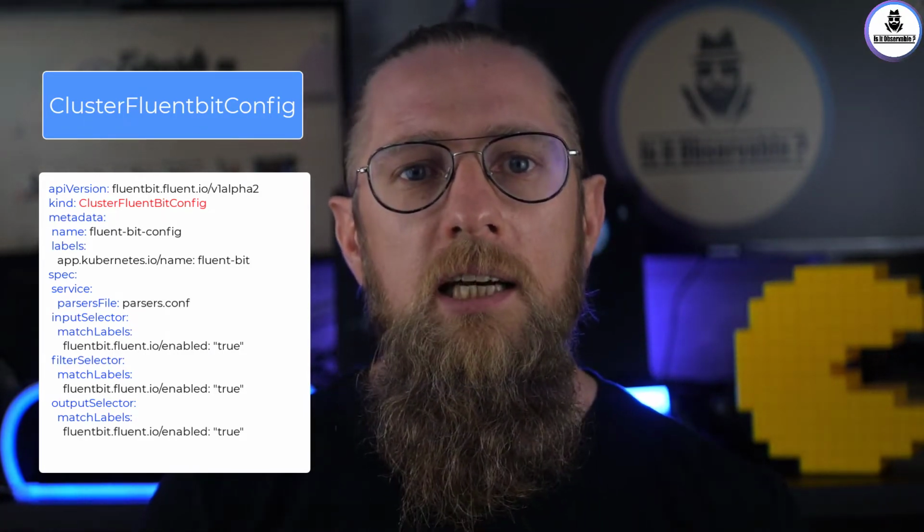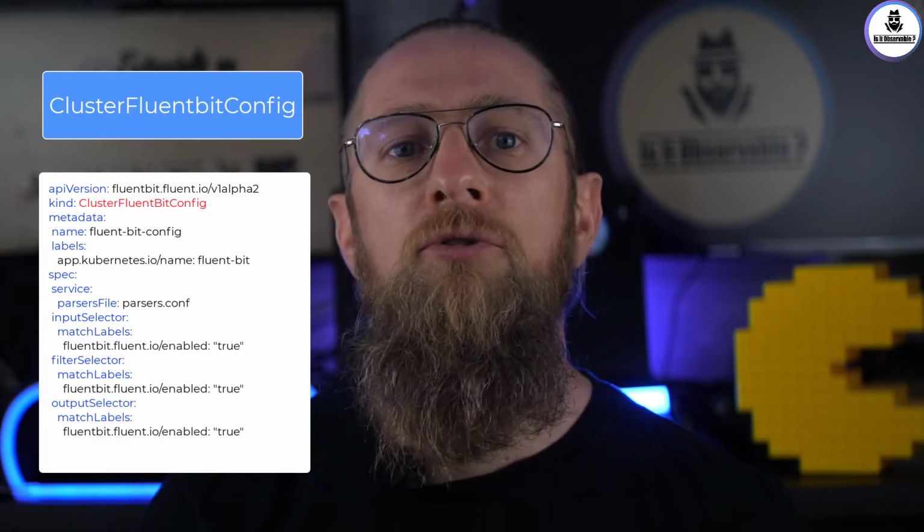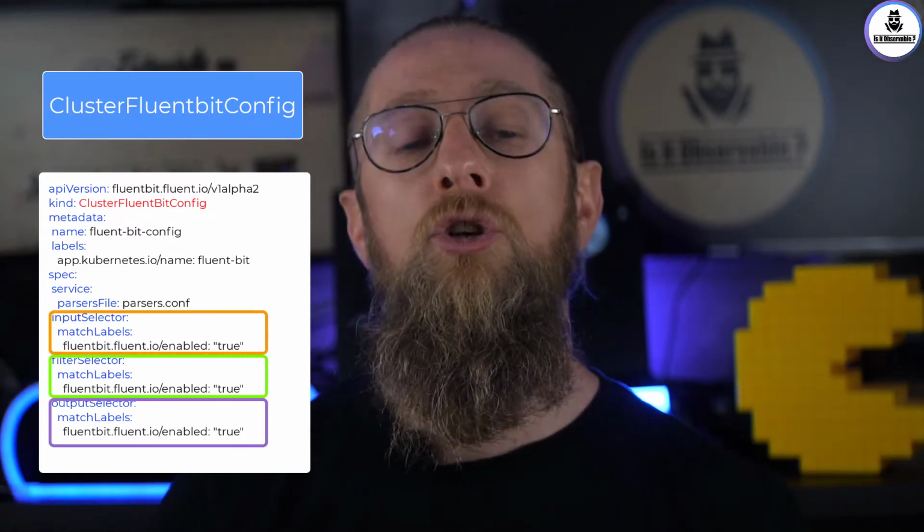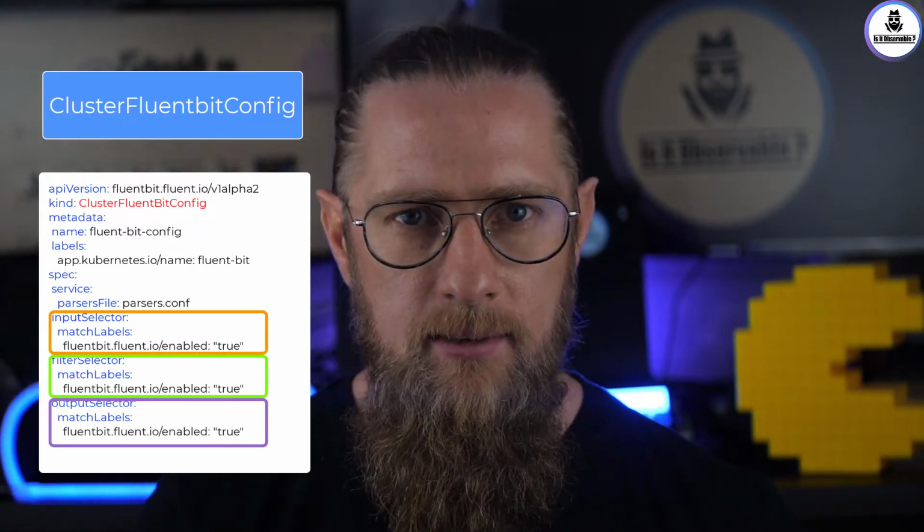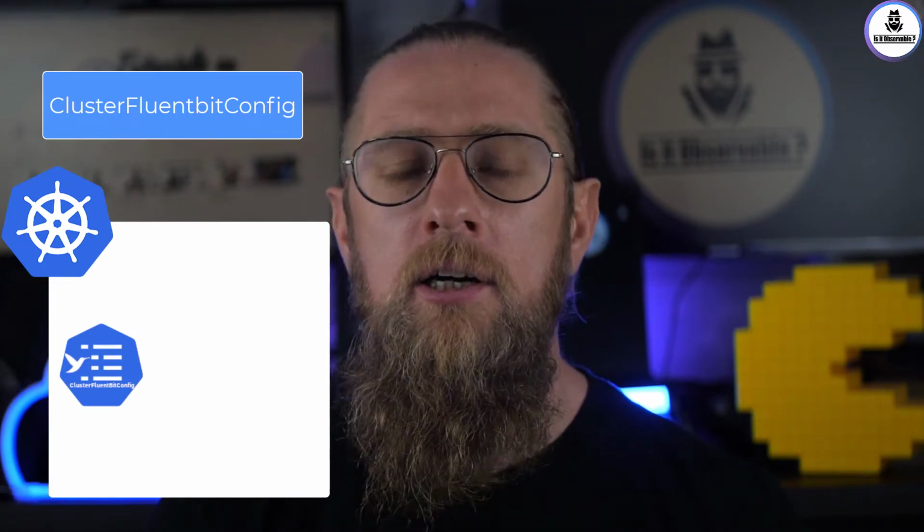As you can see, we map the various steps of a pipeline using label selectors. The cluster config will attach the logstream steps with the help of label selectors. Those labels will need to be specified on each Fluentbit object describing our pipeline steps. You will see that later for the cluster inputs, the cluster filter, and so on.